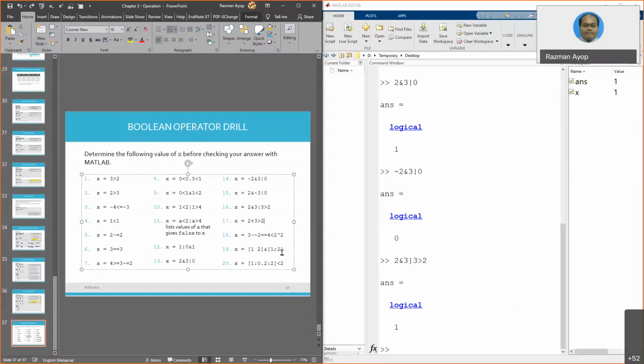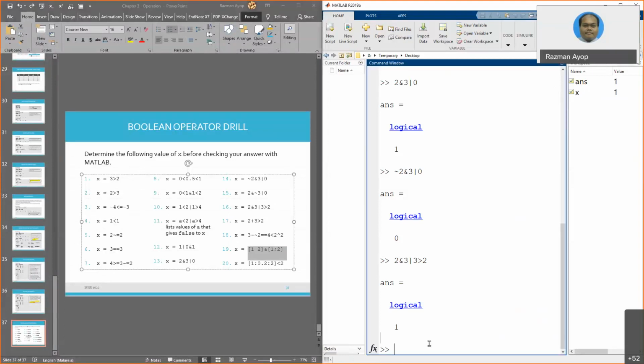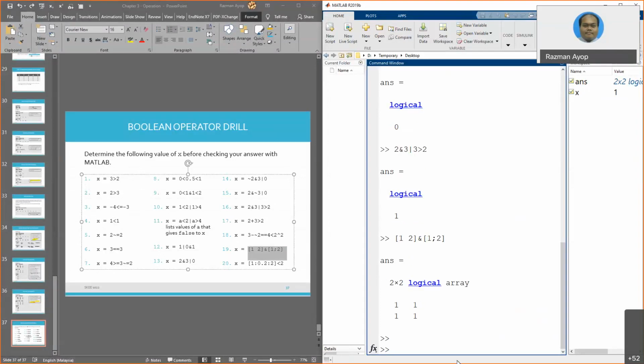Okay. How about this one? Okay, remember, this one is the same as the previous problem.